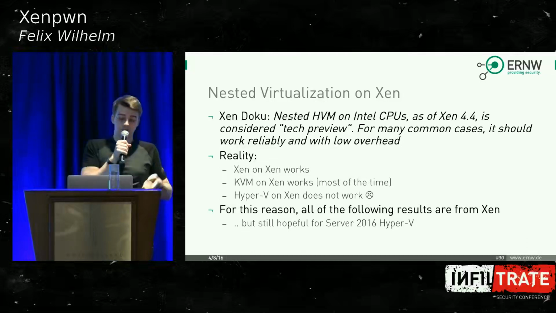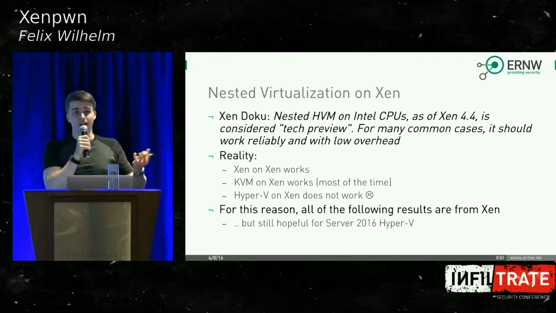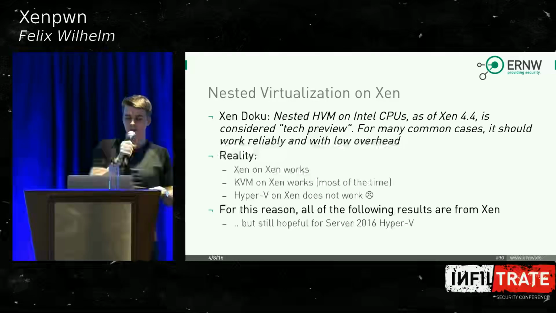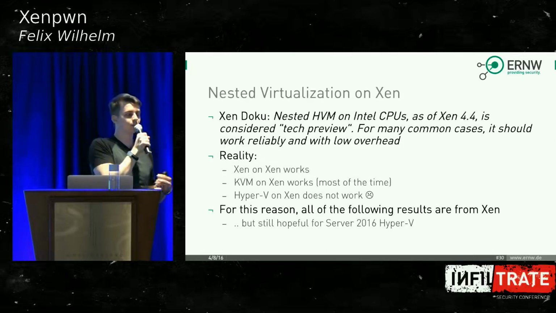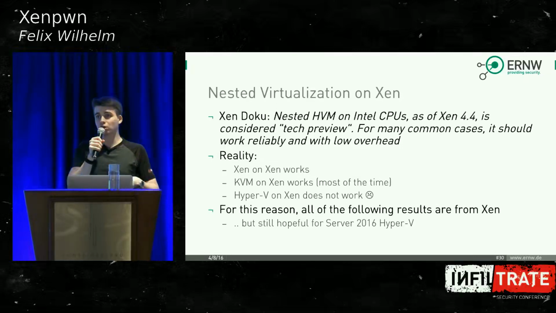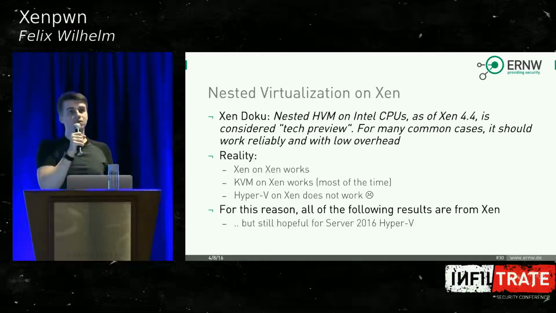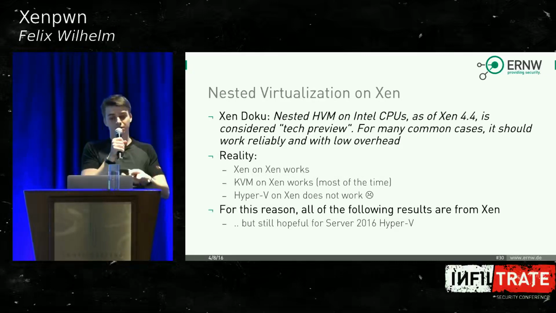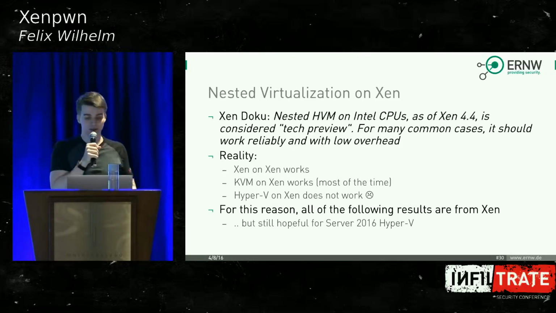For this reason, all of the results that I present in the next slides will be Xen vulnerabilities. But interestingly, the next version of Hyper-V, which will be released with Server 2016, should support nested virtualization. So I'm quite hopeful that I can use this to run Hyper-V under this whole tracing tool to potentially find some interesting bugs in that as well.